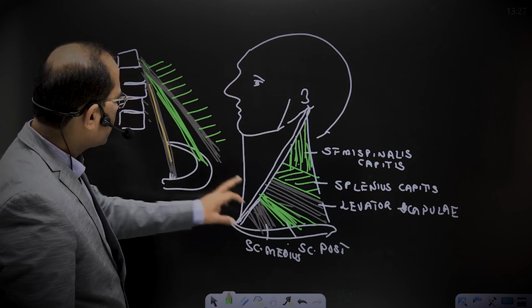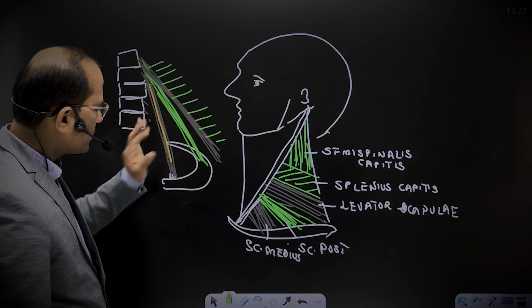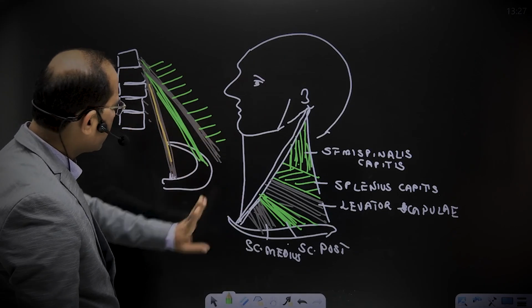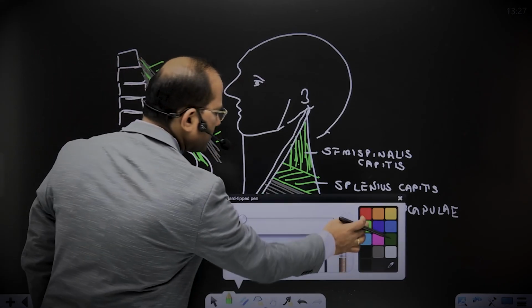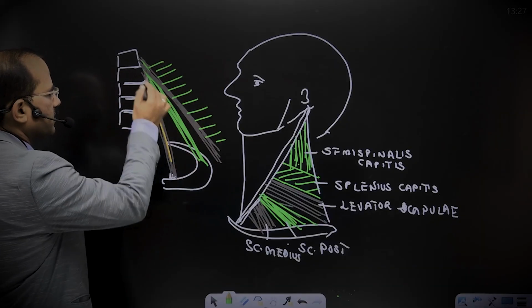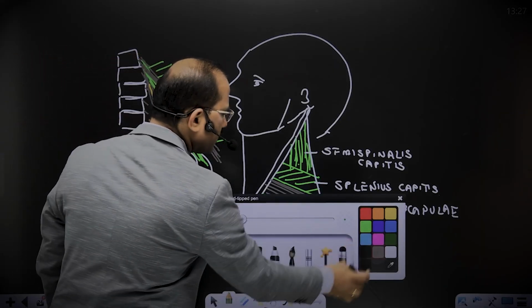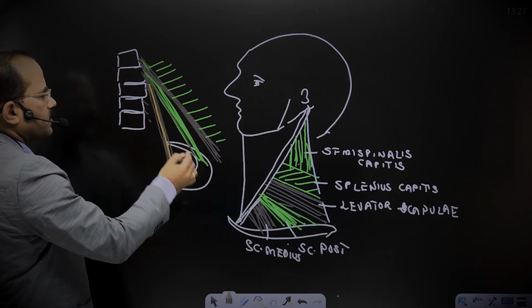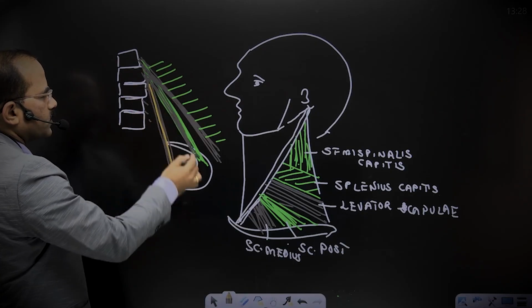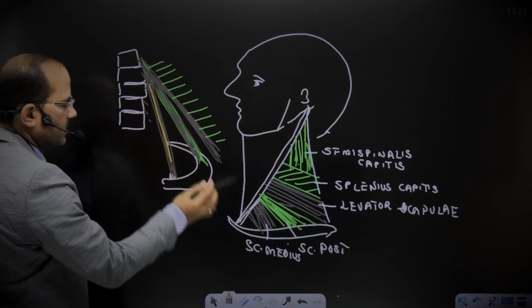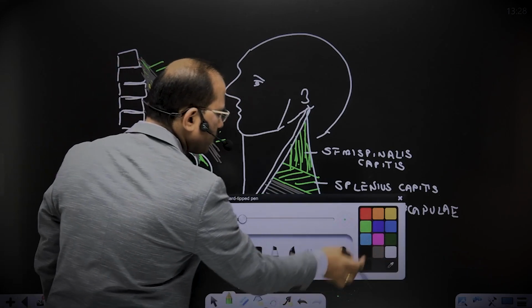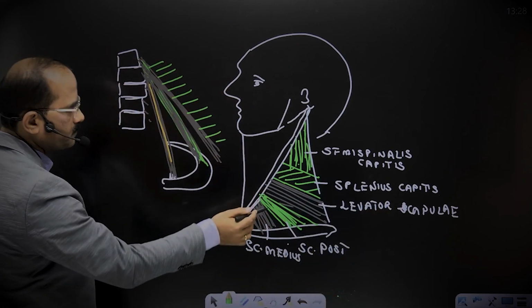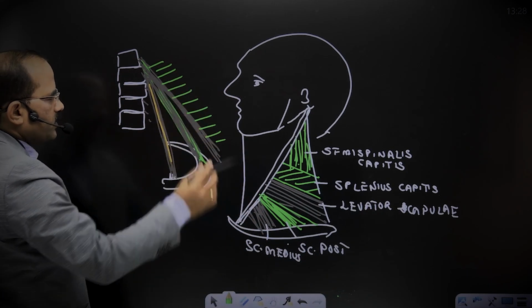So this is scalenus anterior, this is scalenus medius. Scalenus medius I drew with this color, so I'll use the same colors so there won't be any confusion for you. This is scalenus medius, which is attached to the first rib on a posterior aspect. The next muscle that we had drawn here is levator scapulae.